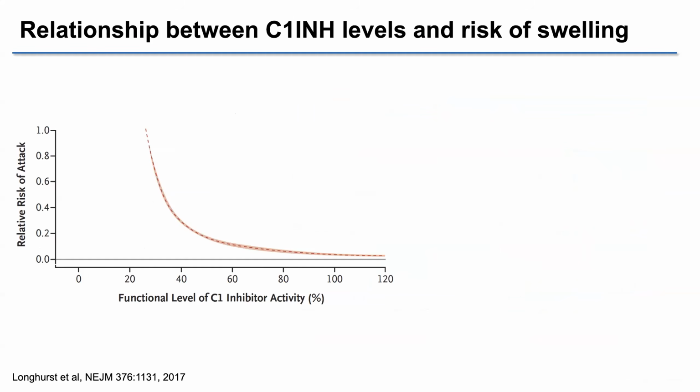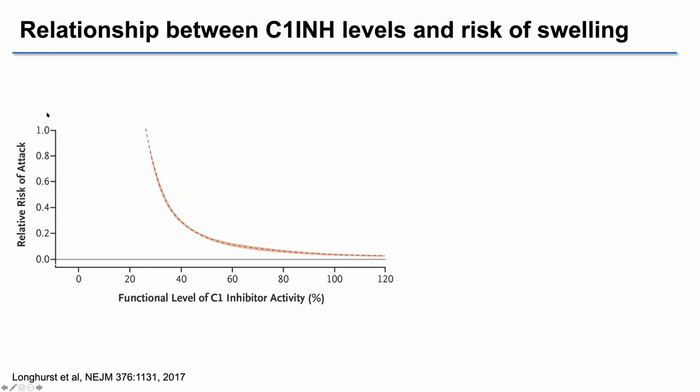Okay, let's talk about another controversy that I grew up with, which was for many, many years, the dogma in HAE was you use the C1 inhibitor level to make the diagnosis, but it has no practical value in terms of understanding the disease. And it turns out that is not true.